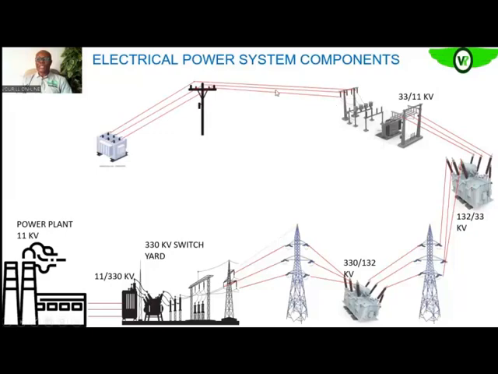From that 11, it goes to the distribution pool of facilities, and then to your lower distribution transformer. So from the 11 kV, this is the first distribution level.